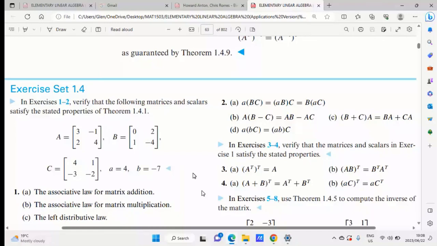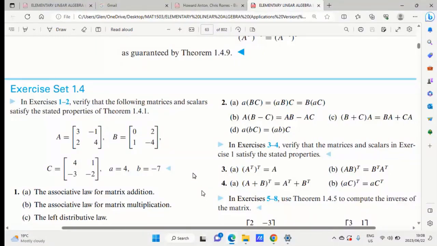But now when you are adding, remember it's B plus C. The second entry for the second row of B is negative 4, and the second entry for C is negative 2. So negative 4 plus negative 2 is negative 6. That's correct.